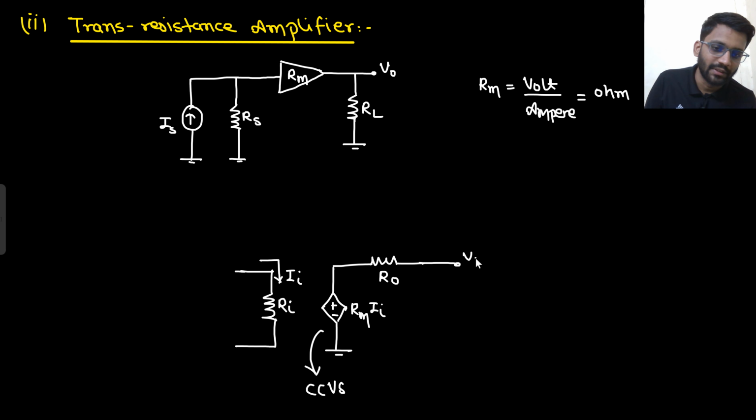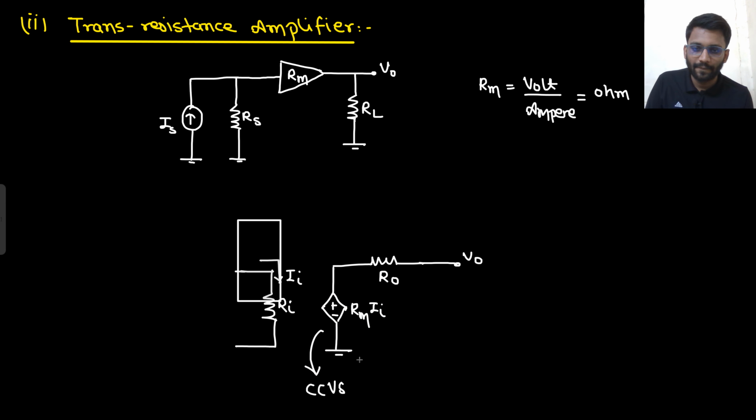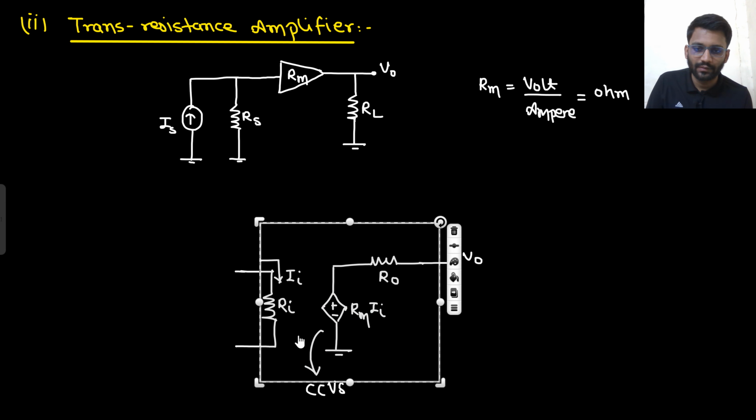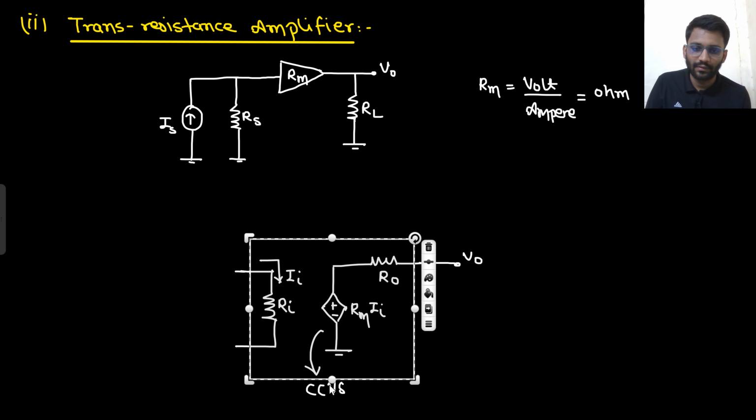And then there will be this V naught. So basically this much of portion is your transresistance amplifier.